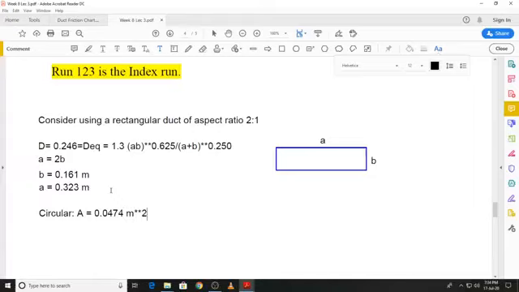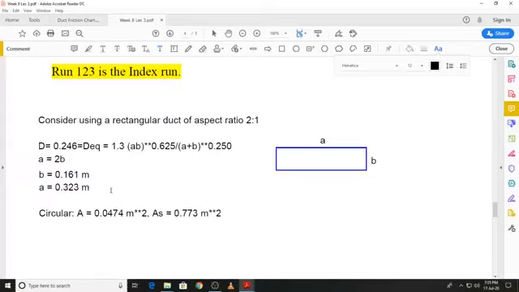and the surface area for that duct will be pi dl, assuming a unit length of 1 meter. The surface area will come out to be 0.773 in square meters.